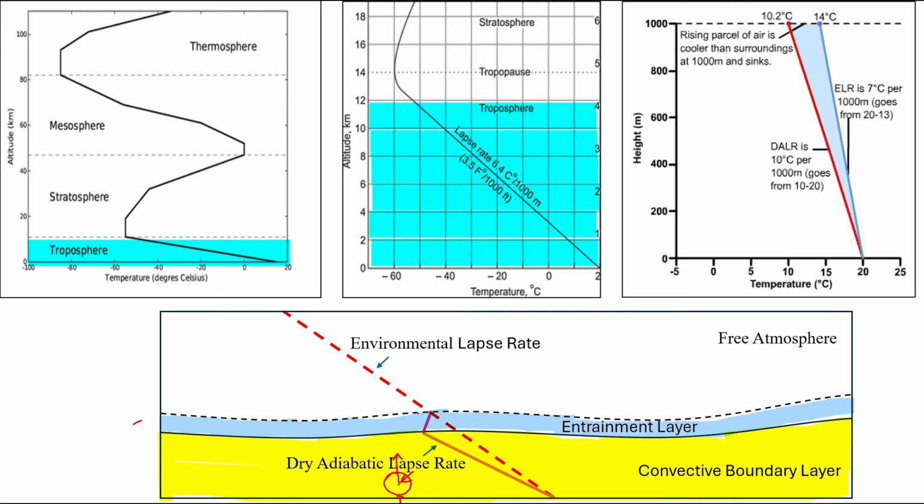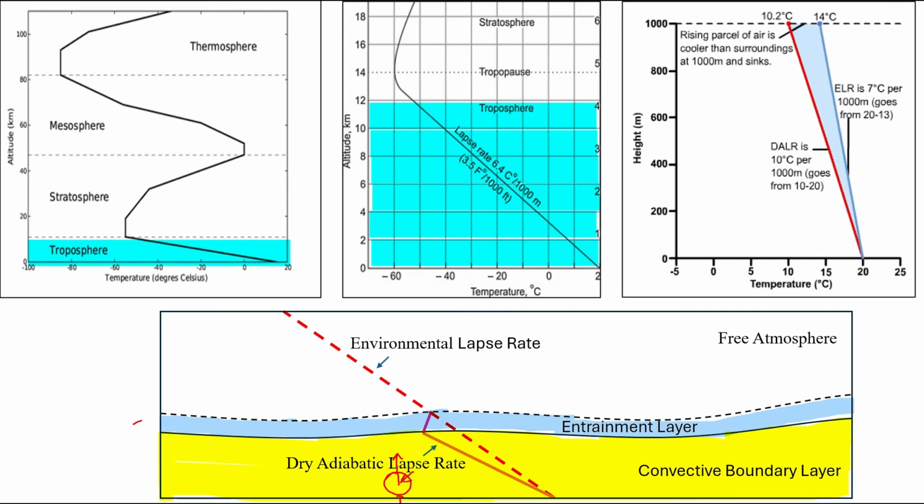As it is very dry, it has the maximum capacity to hold moisture content. As it expands it can hold more moisture, so the temperature drops further. This is the normal one.